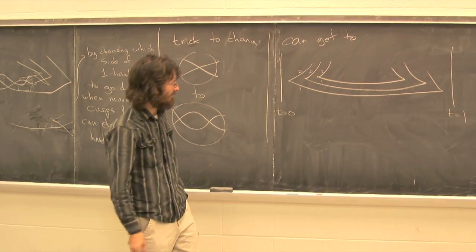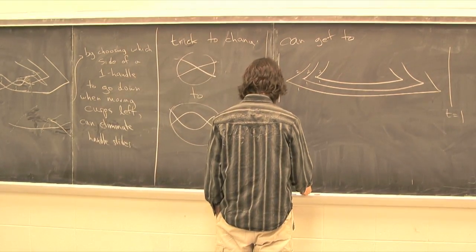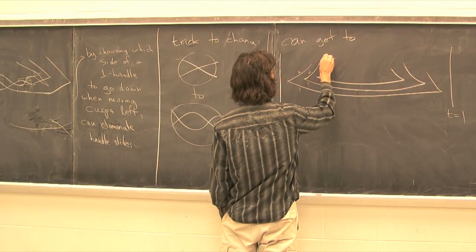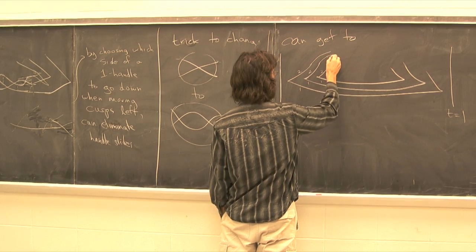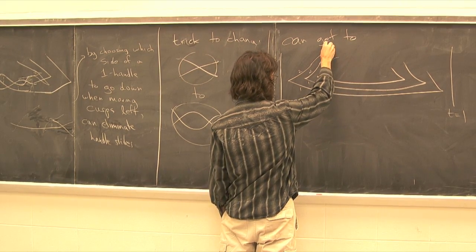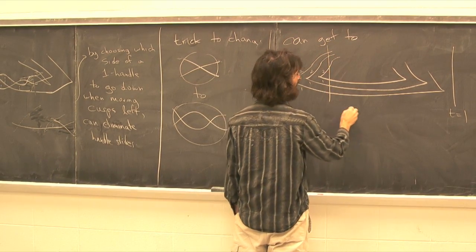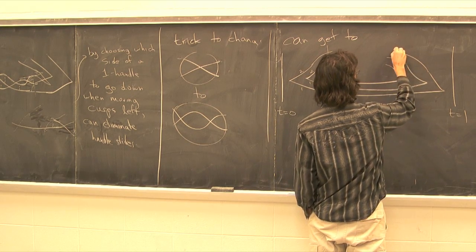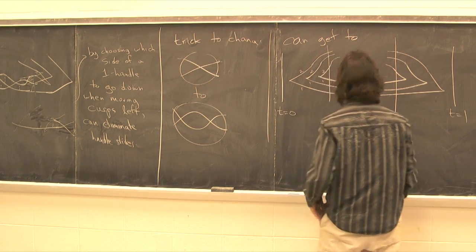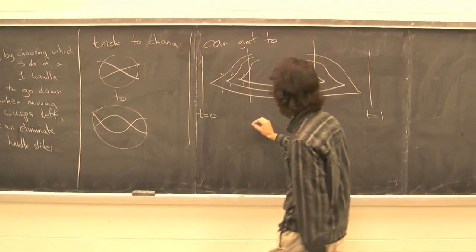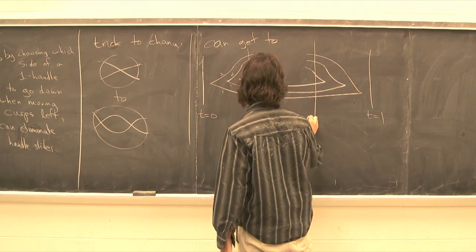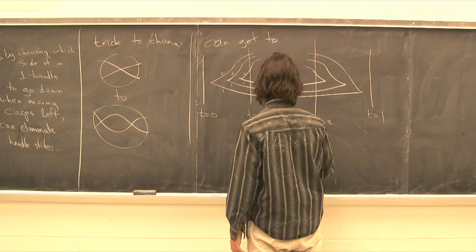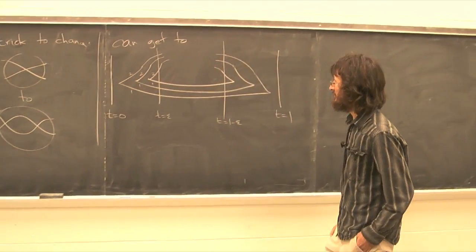And so what I want to do is, actually, I think the best way to say that is I'm going to focus now on this section, let's say this is t equals epsilon, t equals 1 minus epsilon.